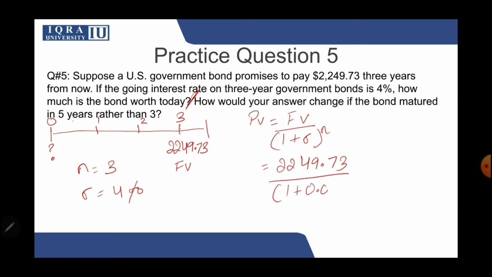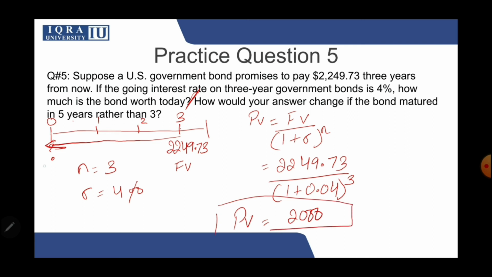The R is 4%, and you want to take this value 3 years back. So that's 1 year, 2 years, 3 years back. So you're taking it back 3 years. So the power will be 3. If you solve this, the present value is 2000. So the present value is 2000 over here.